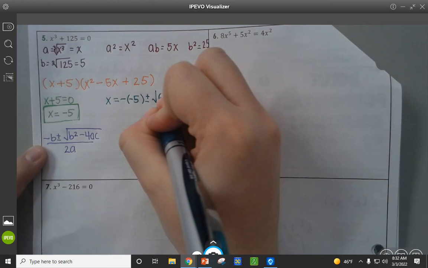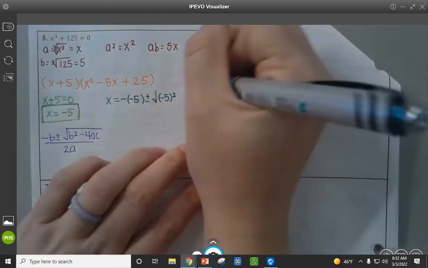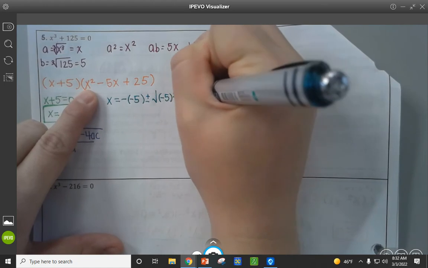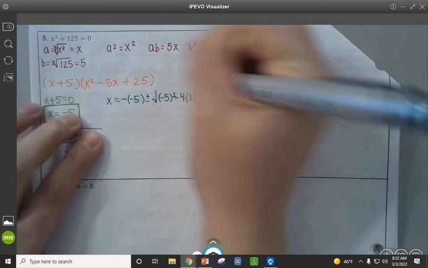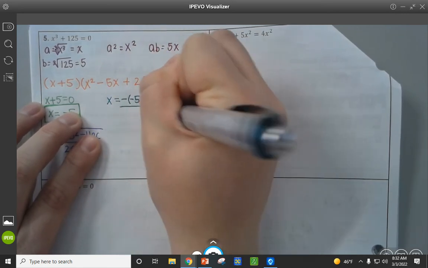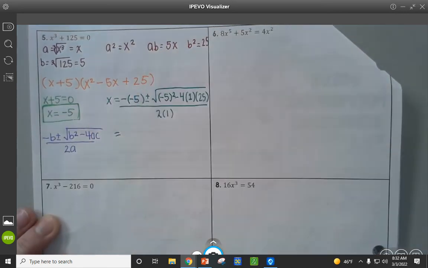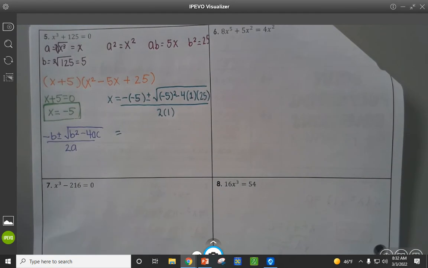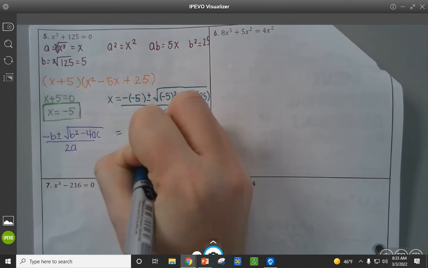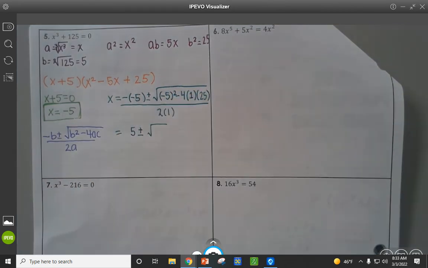It's b squared. So negative 5 squared minus 4. My a is 1 and my c is 25. All over 2a. So this becomes 5 plus or minus the square root of something.